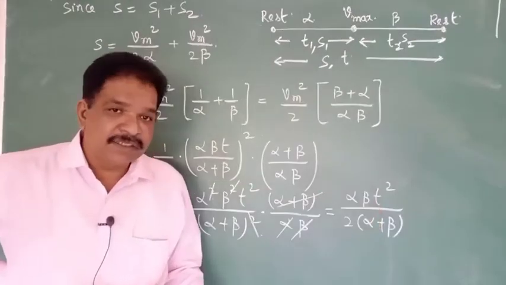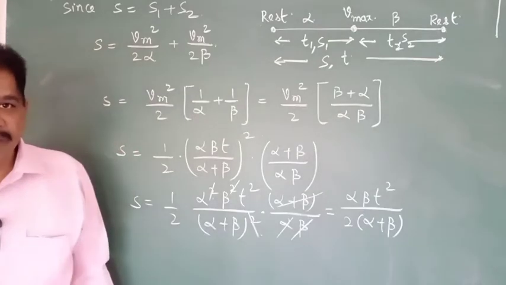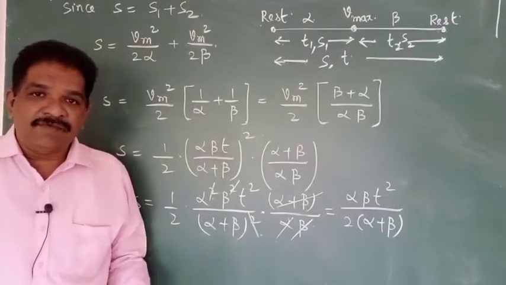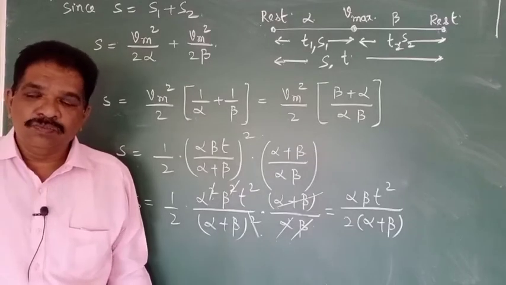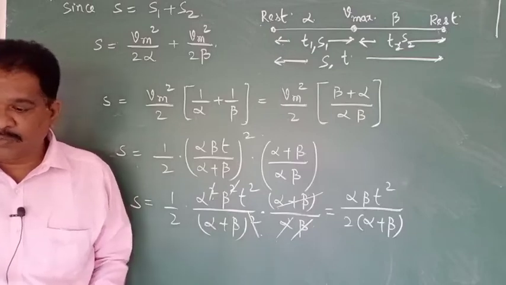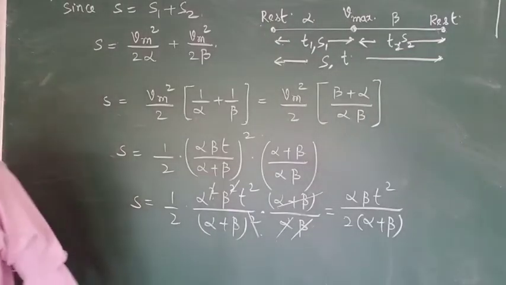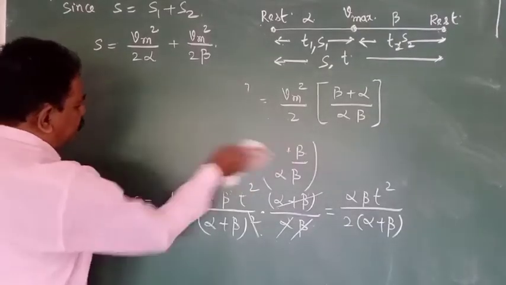Alpha beta t square by 2 into alpha plus beta. What is the average velocity? V maximum by 2. These shortcuts are enough for horizontal motion. Next we'll discuss freely falling body.